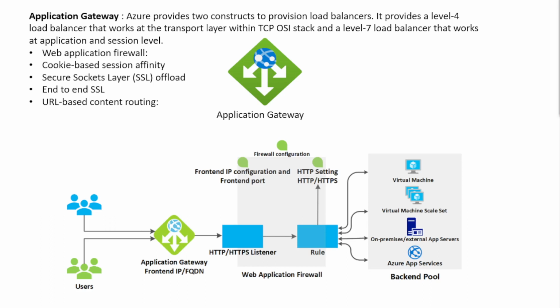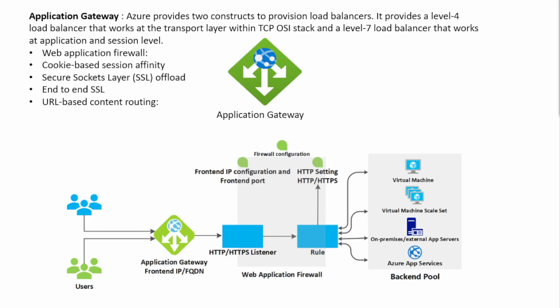Internal users usually connect to a private IP, which can be part of the front end IP in the application gateway. Users coming from the outside can be added as a public IP, a public-facing URL. You can have a similar URL or different URLs for this kind of traffic, and both can be added inside an application gateway.